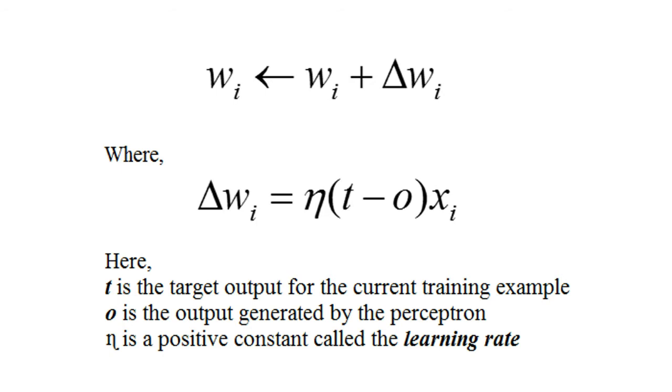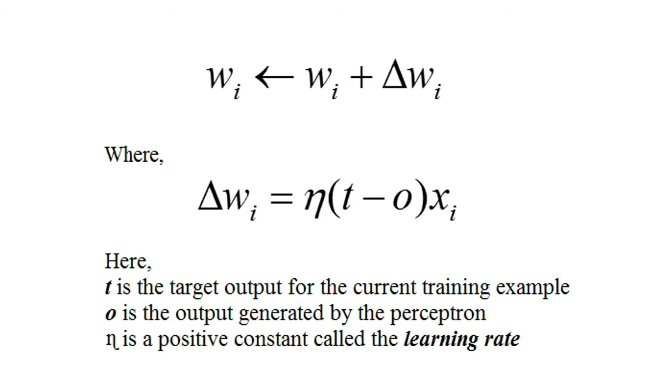T is the ground truth label that we have for every training example in our training set. For a classification task, as we know that our perceptron can produce either +1 or -1, we will consider T to be +1 for positive examples and -1 for negative examples.